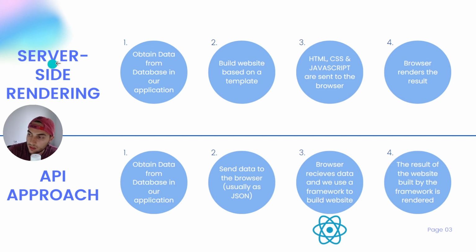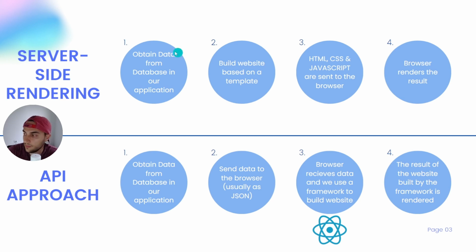So first, our server-side rendering approach is basically what we saw. We have a database and also an application that is going to access that data. It is also going to manipulate that data with some business logic. All right, it is going to, for example, check some conditions and do some kinds of things.